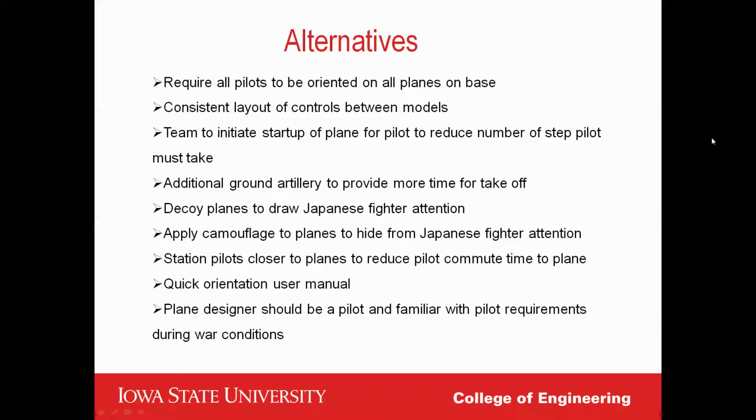So a decoy as well as camouflage would give time as well as probability of success for the US pilots to fly the plane off. Also, from the case study, if we were to place the pilots closer to the planes to reduce their commuting time or running to the plane, this would provide them more time to fly the plane off the ground.